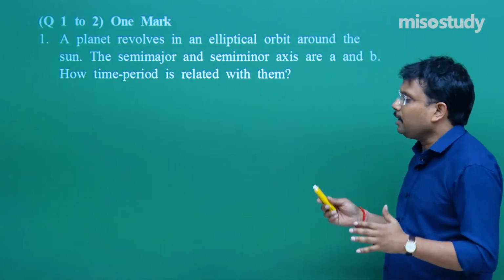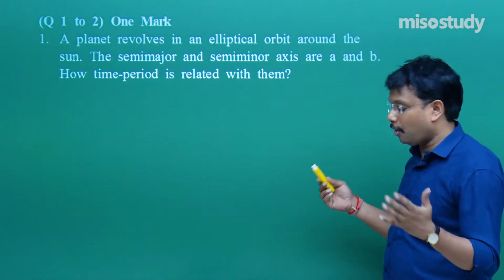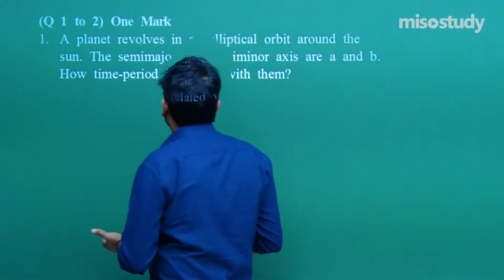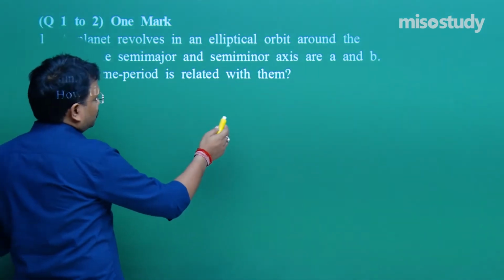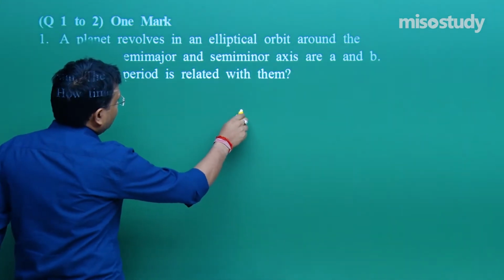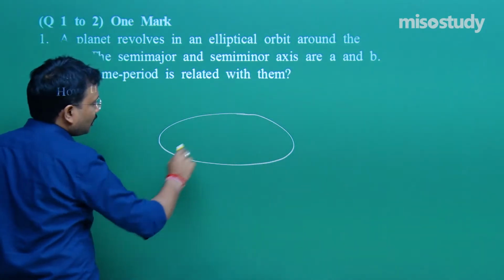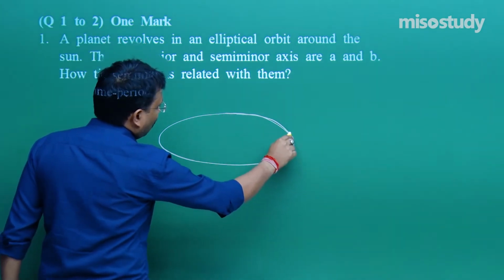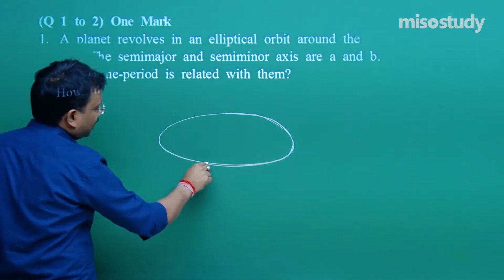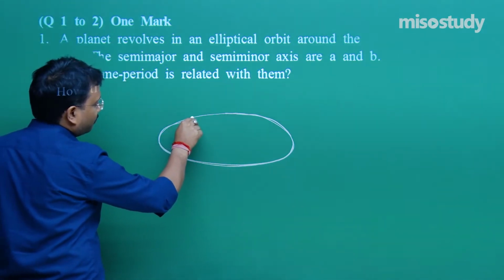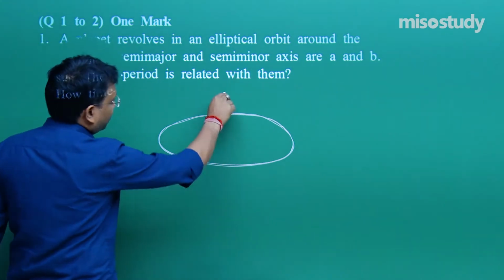So, how can you understand this particular problem? Although the idea of this question and associated topics are clear in your mind, just for the sake of revision, this is the elliptical orbit of any planet around the sun. Fine, elliptical orbit.